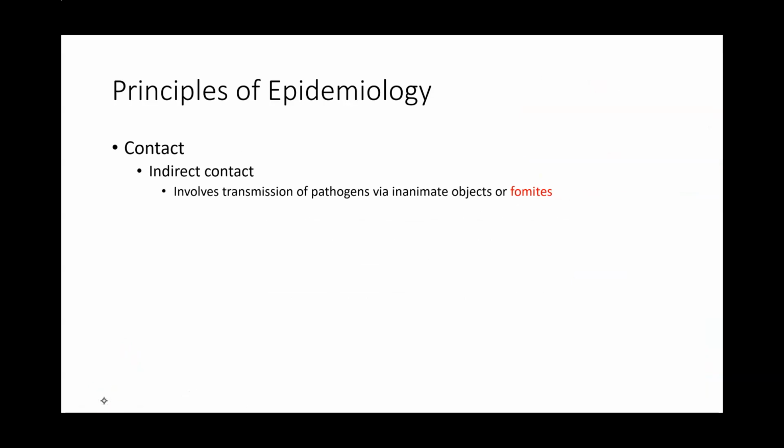Indirect contact is a little bit more complex. Indirect contact involves transmission of a pathogen via some object. That object is called a fomite. A fomite is any inanimate object that transmits a disease. I took a drink of my coffee.